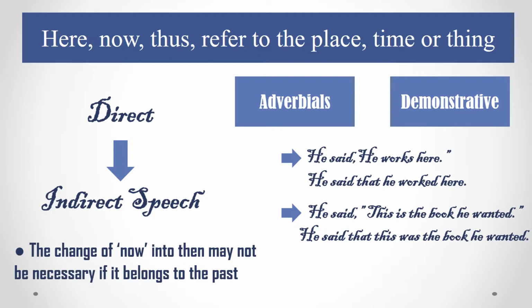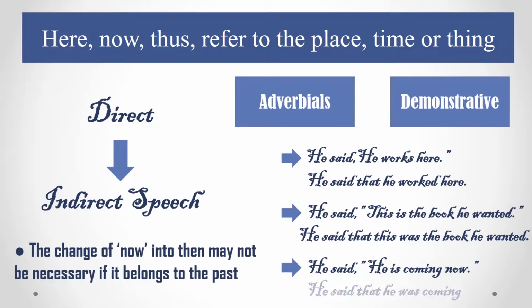This is the book which the speaker has with him at the moment. Third example is, he said, "He is coming now." He said that he was coming. Adverb then is not required. The change from the present to the past should be sufficient.